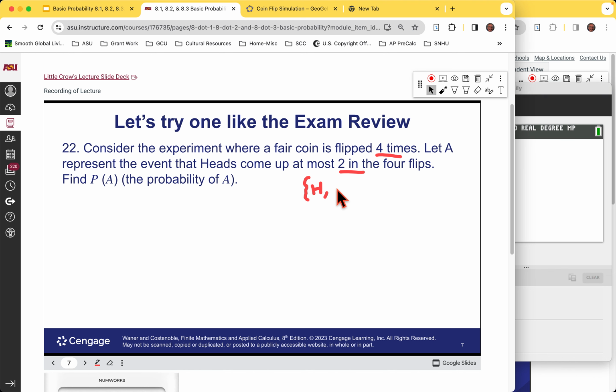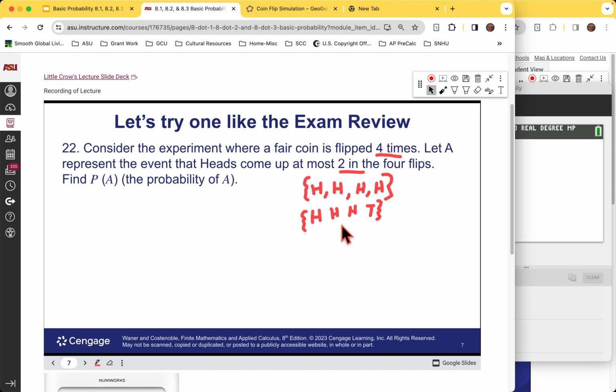We could get a heads, heads, heads, heads, right? And what we have to do in the sample space is we have to count all the possible things that could happen. Now, as we get going a little bit later, we'll use combinations and such. We could get, see, a heads, heads, heads, tails.